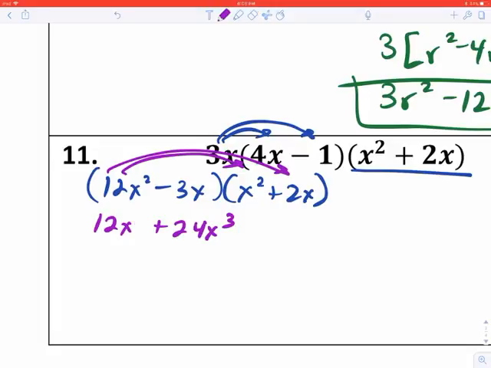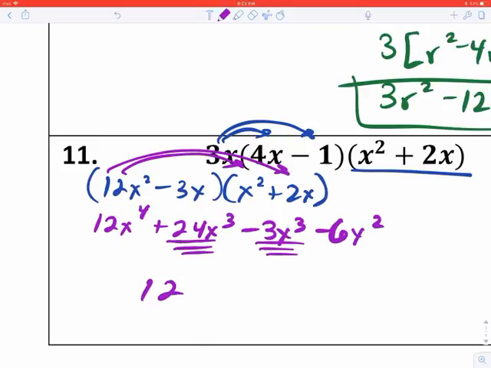I'm sorry, this should be a 4. And then I have negative 3x cubed minus 6x squared. Let me combine these terms right there and get 12x to the 4th power plus 21x cubed minus 6x squared.